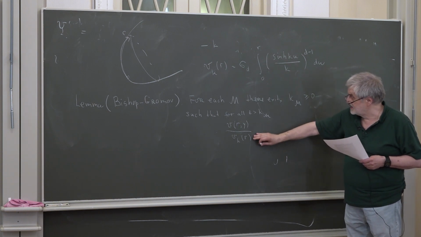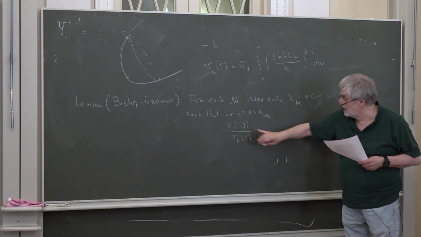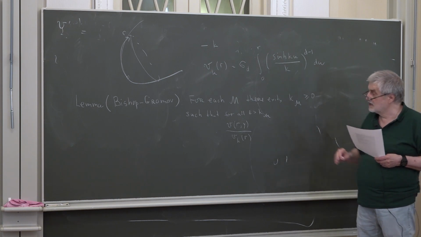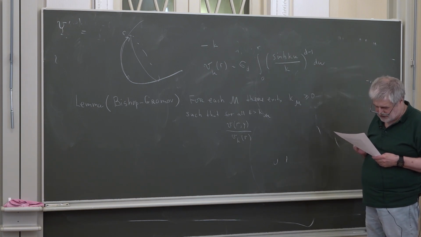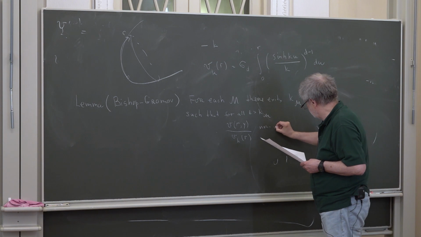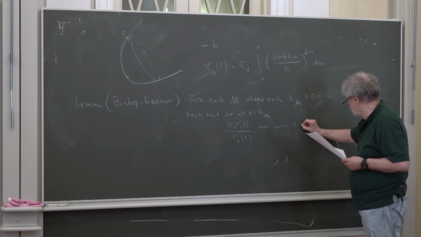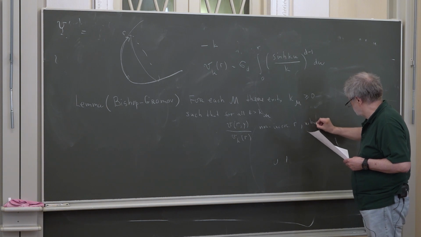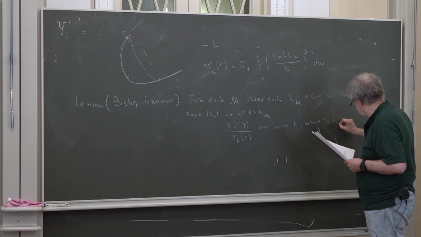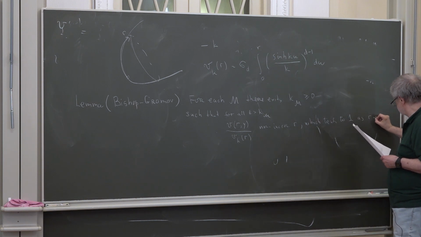So we consider this such that for all k sufficiently large, this ratio is a monotonic, non-increasing function of r, which tends to 1 as the radius tends to 0.